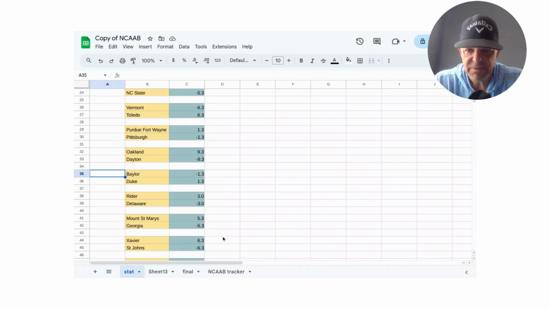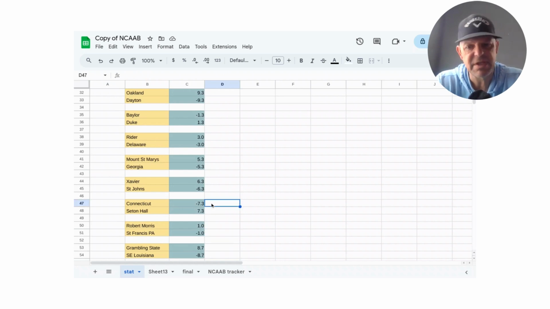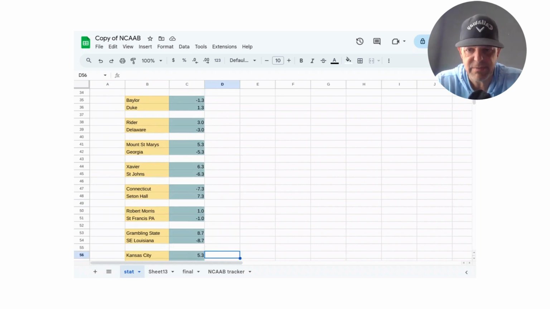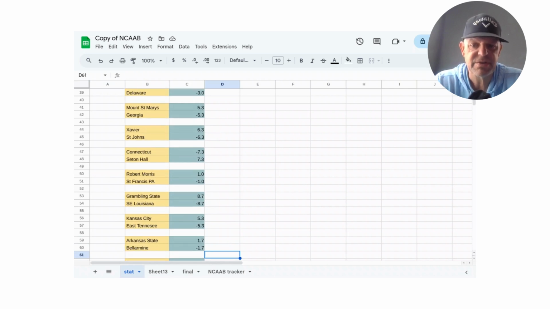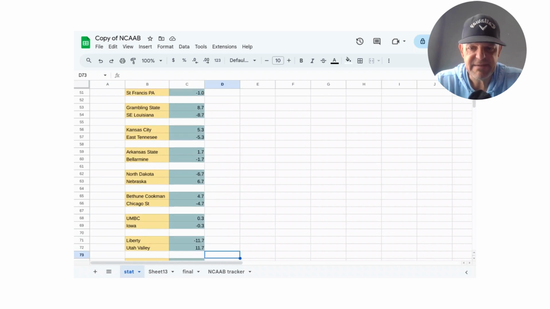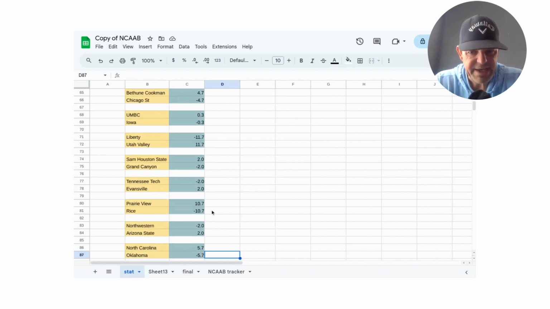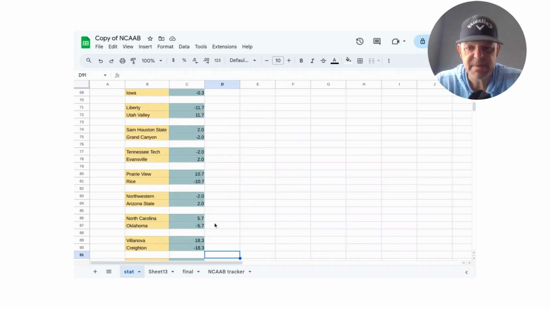Okay, so we continue. Georgia would be one. St. John's would be another one. Now, again, you can see here Connecticut's -7. We wouldn't look at that because they are the away team, and I'm not going to consider teams that are on a neutral court. East Tennessee -5. Keep scrolling. Rice -10.7.